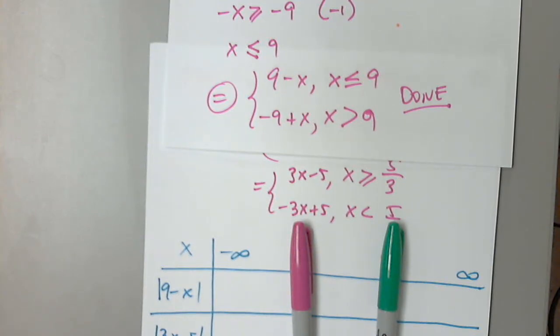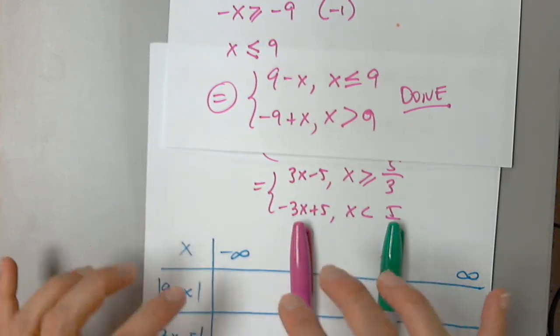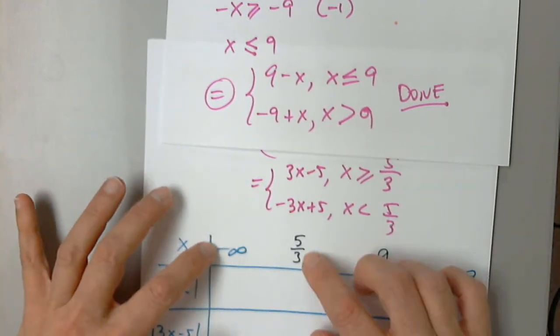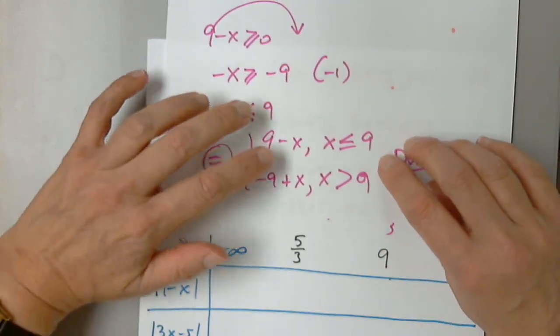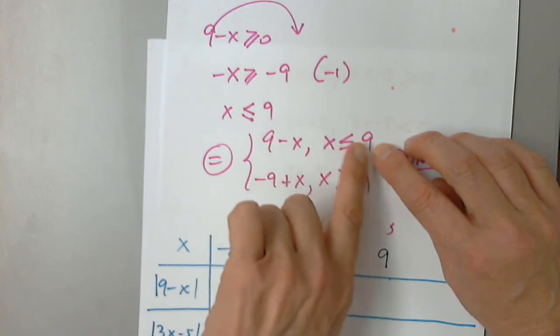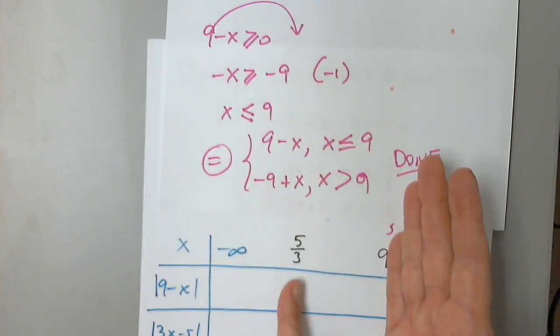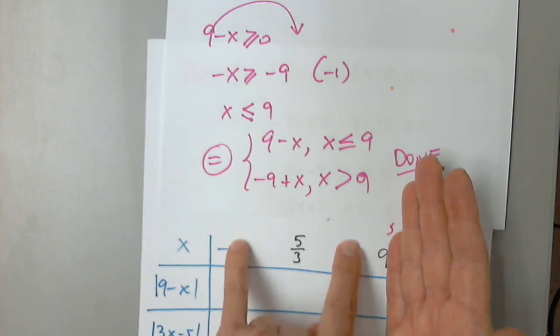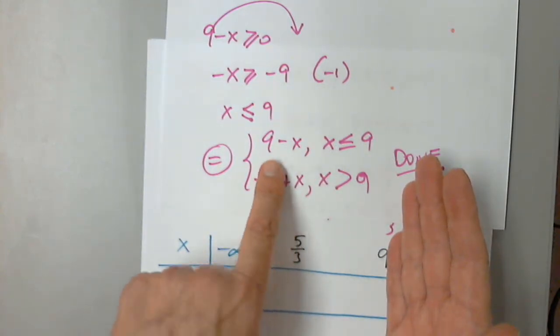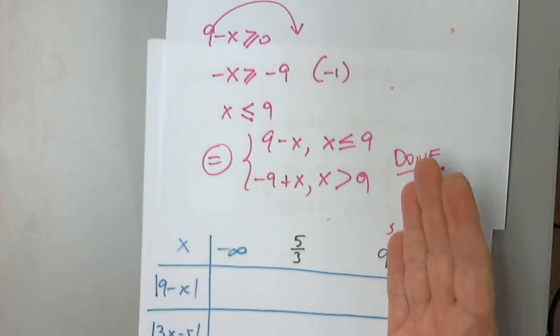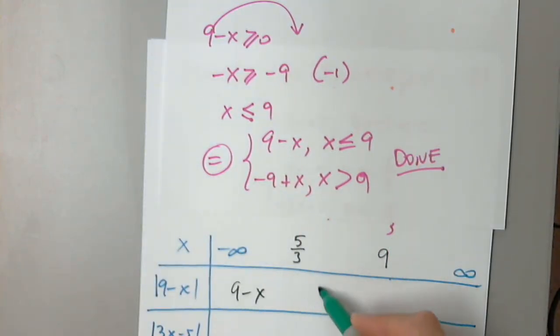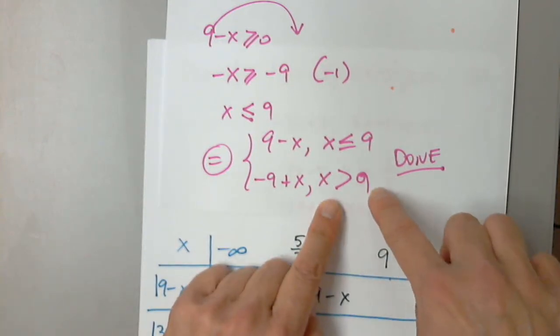Okay. So in the first subinterval, between negative infinity and 5/3, 9 minus x, or maybe I should explain differently. To the left-hand side of 9, I see 2 subintervals, but the absolute value of 9 minus x is 9 minus x in both. 9 minus x, 9 minus x. What happens beyond 9?